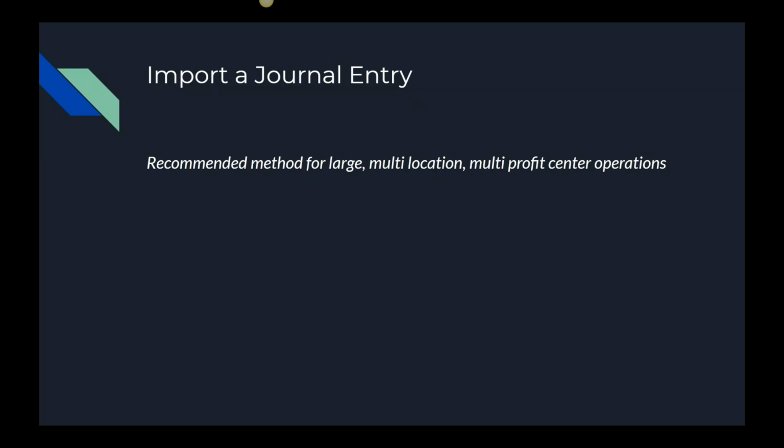I would only recommend doing this method if you're large, you have multiple locations, and/or you have multiple profit centers. You want to do this when you have dozens and dozens or maybe hundreds of line items to split out your payroll into, right?